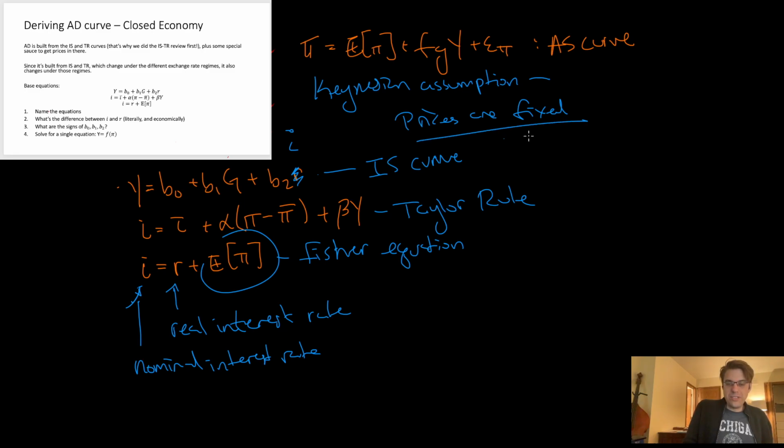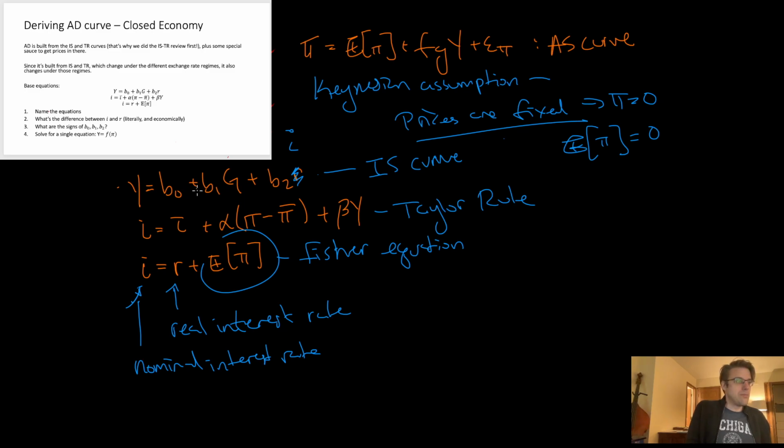And so if prices are fixed, then that assumes that pi is equal to 0. And if the agents in the model know that prices are fixed, then the expectation of pi is going to be 0. So under this Keynesian assumption, the nominal interest rate and the real interest rate coincide. They're perfectly equal. But then in this setup now, where we're going to introduce short-term variations in the price levels, we are going to see that there's a bit of a spread here. So when we plug in for R here, we're going to have to be careful and include that expectation term, which is not quite the next assignment. That's coming up. We'll do that in a second.